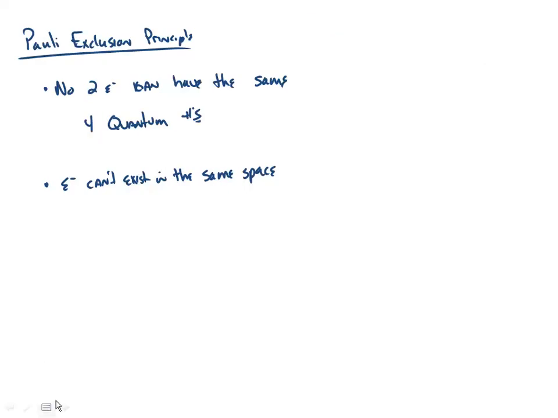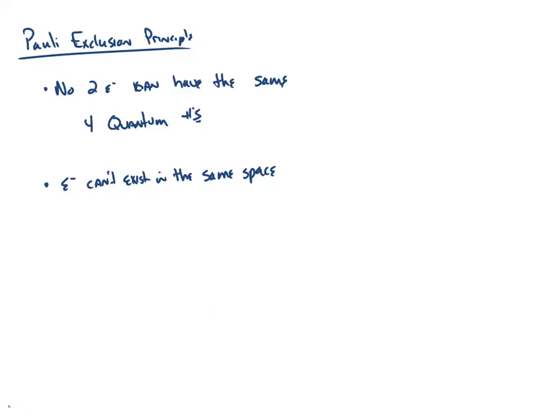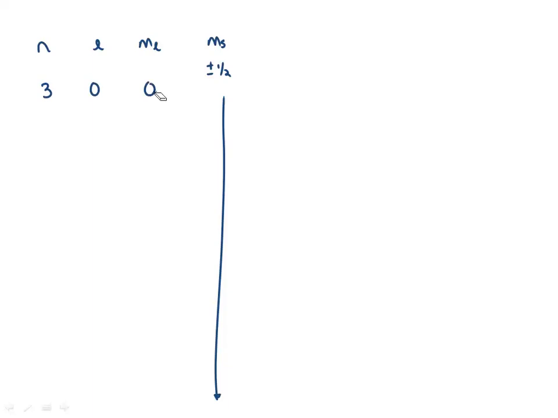Now, I'm going to have to redraw this chart. N, L, m sub l, m sub s. We said this is plus or minus 1/2. So I can start with 3. So I can have 3, 0, 0. Oops, I guess I can move that up so it's in the same line. 3, 0, 0.